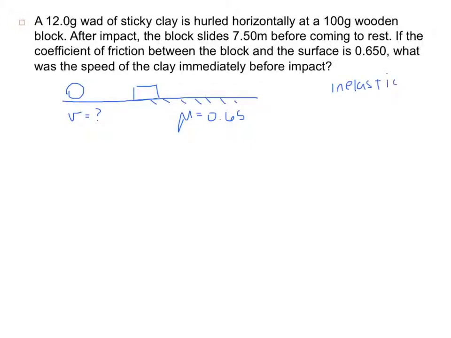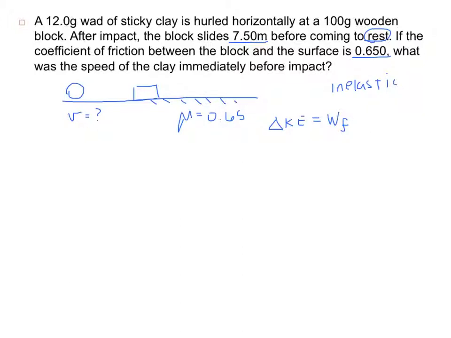So, this problem actually needs to be worked backwards. We can see that if we have a coefficient of kinetic friction and we know the distance it travels before it comes to a stop, then we can calculate the work done by friction. My change in kinetic energy is going to give me my work done by friction, because that's the only force slowing it down when it reaches that friction part.